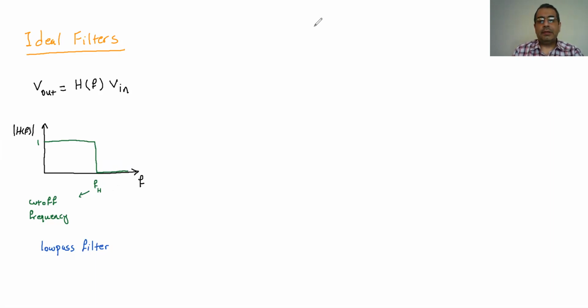The second one, which is completely the opposite of the one we have here, is like this. So if I have the filter looking like this, again, if this is the transfer function of the filter, and this is the frequency, this time it starts from 0. So everything stays 0.